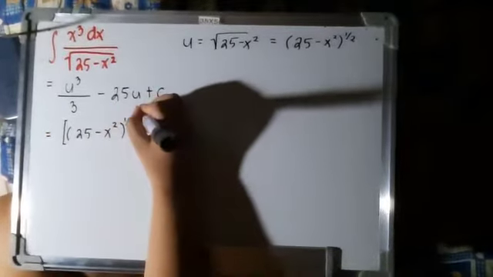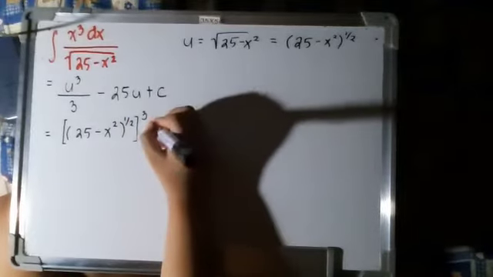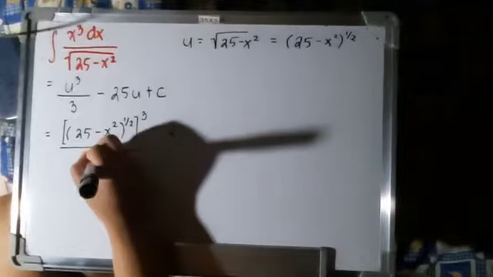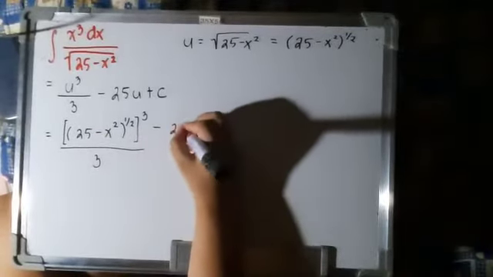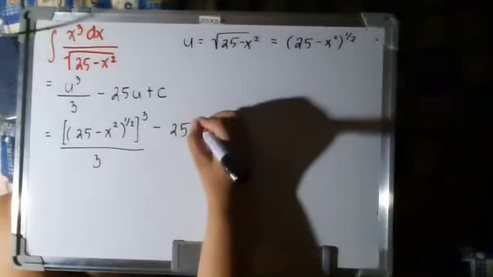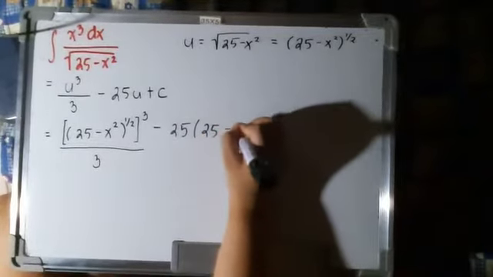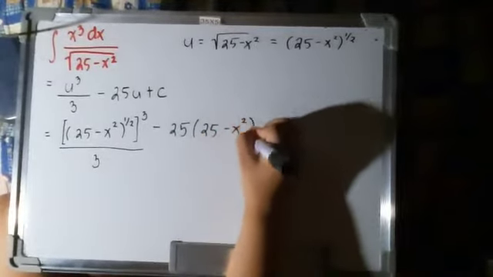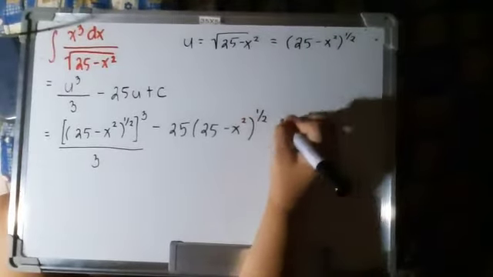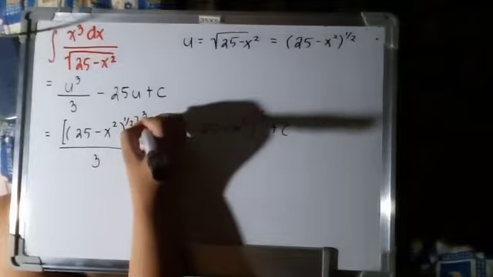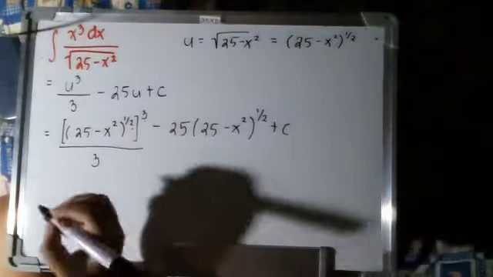Quantity cube pa 'to. Minus, by the way, all over 3. Minus 25 multiplied by quantity 25 minus x squared raised to 1/2 plus c. Simplify pa natin 'to. Itong part na 'to, imumultiply lang natin.